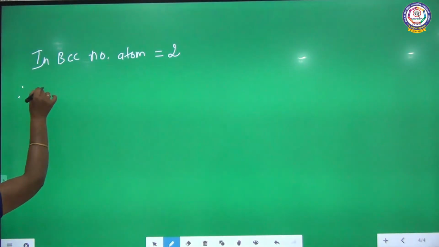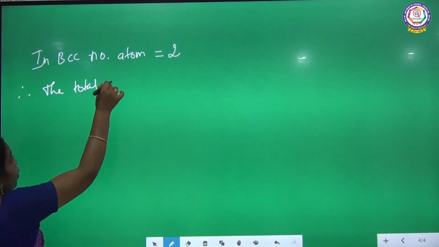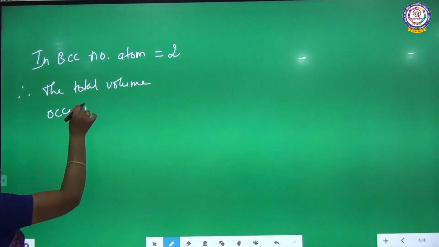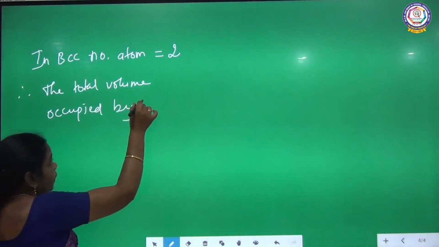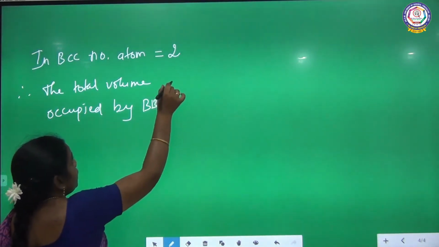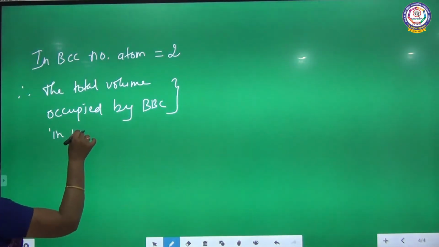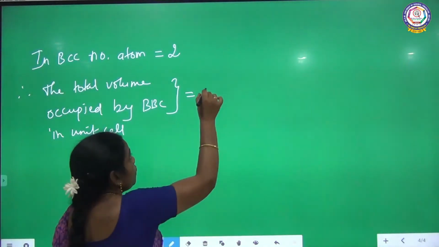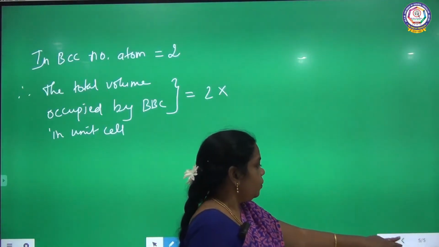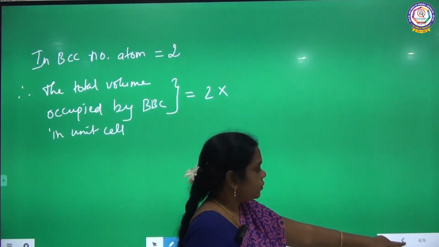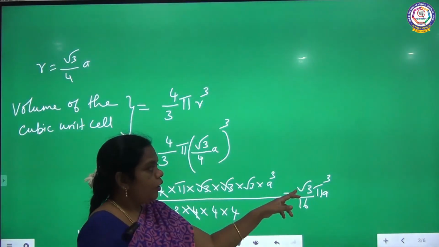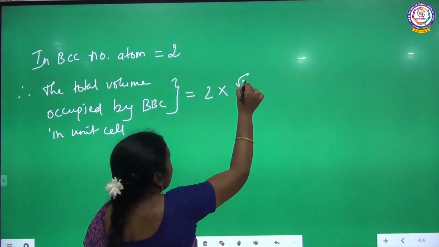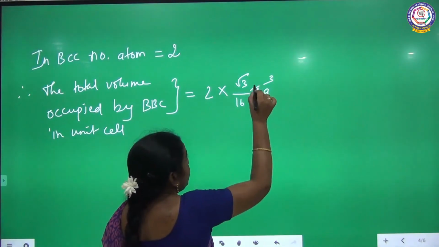So the total volume occupied by BCC in the unit cell equals the number of atoms present in BCC, which is 2, into the volume, root 3 by 16 pi a cube.